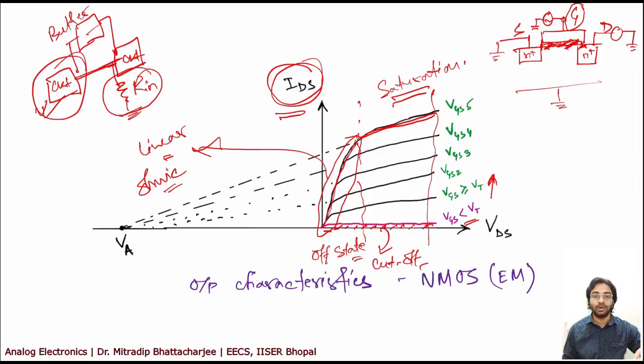In case of MOSFET, you have high input resistance, so it's better. So one thing that you understood is CMOS has an advantage in terms of input resistance; the input resistance is higher.